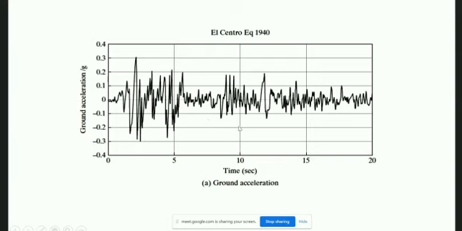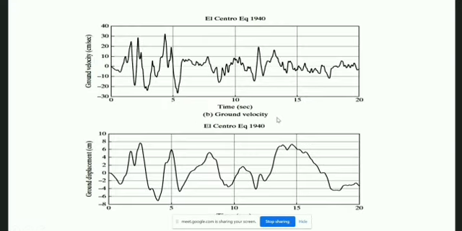But if you carry out the numerical integration and draw the velocity versus time plot, then it looks like this. That means it becomes relatively more smoothened because you have made an integration. If you integrate the acceleration time history, you will get the velocity.